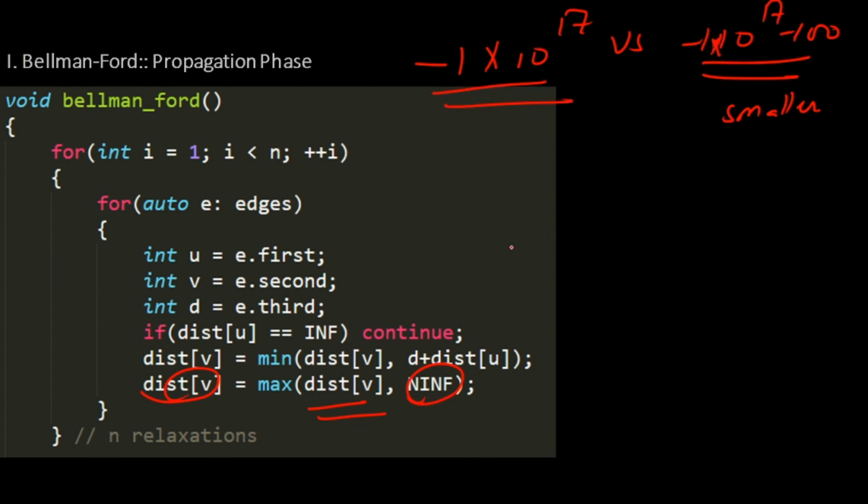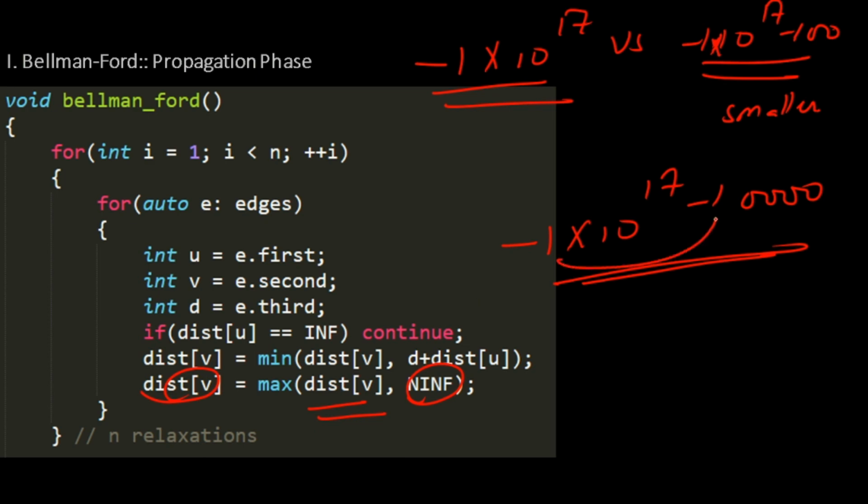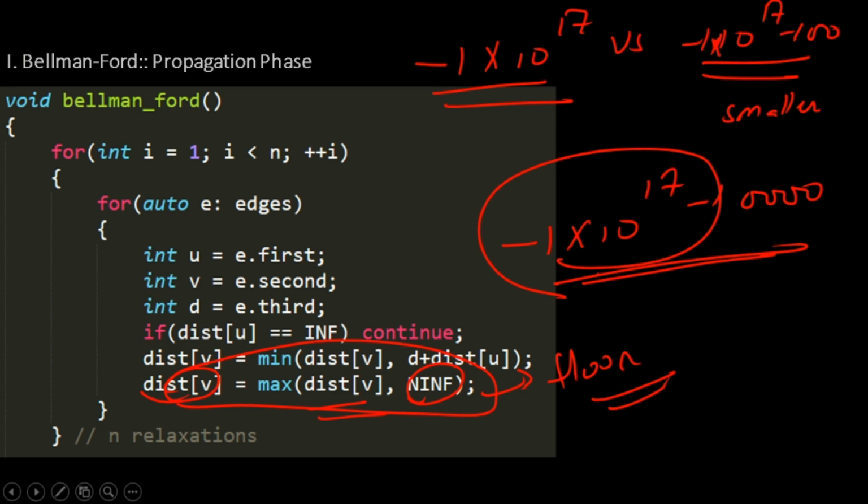If you are dealing with a number like minus 1 times 10 power 17 minus 10,000, this will be reset to minus 1 times 10 power 17, because this will be the max of the two. So this will create a floor for you.